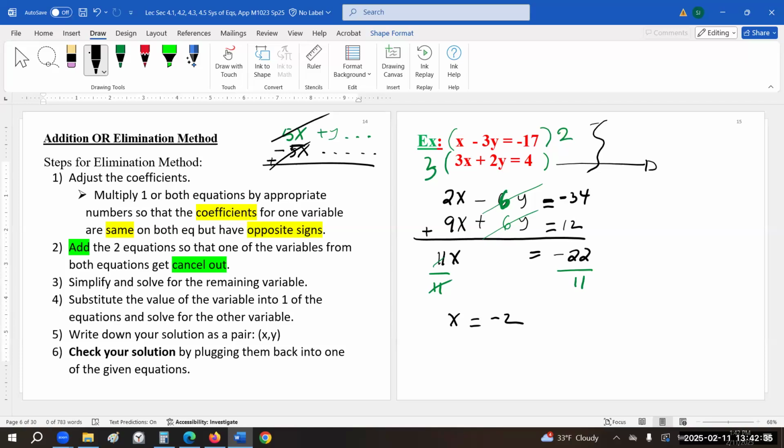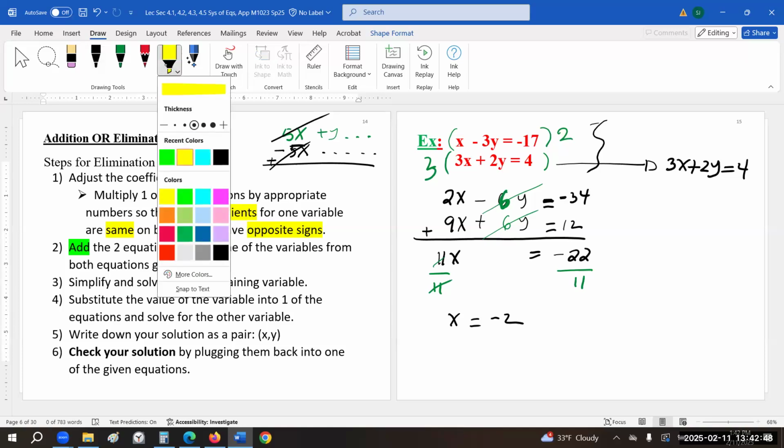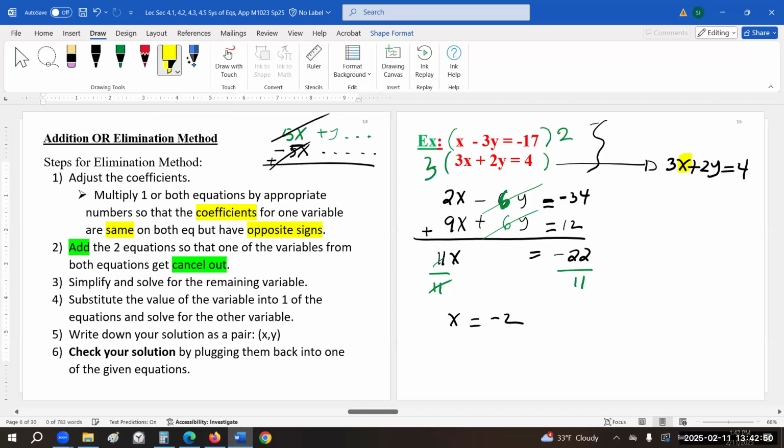So we have 3x plus 2y equals 4. We can also use the first one, it doesn't matter. And you already found that our x here is negative 2. So it's 3 times negative 2 plus the 2y gives us result 4.